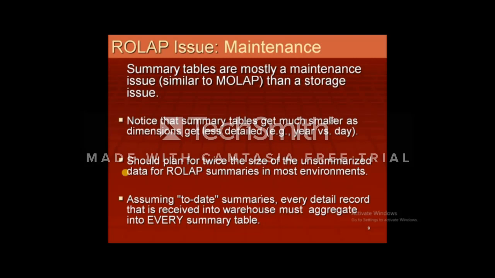So in the total maintenance issue, we need to maintain the summary table in a way that it is large enough, not so small, and similarly we will have to update the data on a regular basis so that the aggregates remain in an updated state.